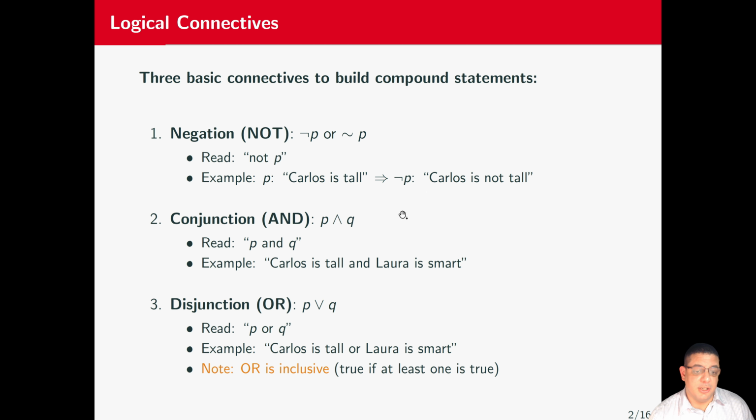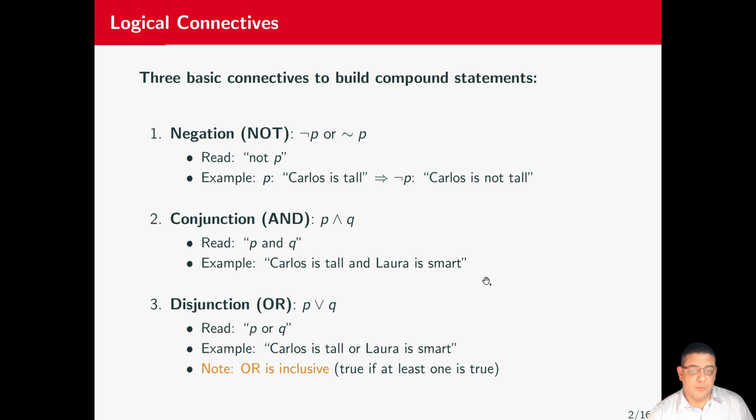Now, in conjunction, I'm usually getting two or more propositions together with the and. As an example, if I have a proposition P, Carlos is tall, and proposition Q, Laura is smart, then the conjunction will read Carlos is tall and Laura is smart.